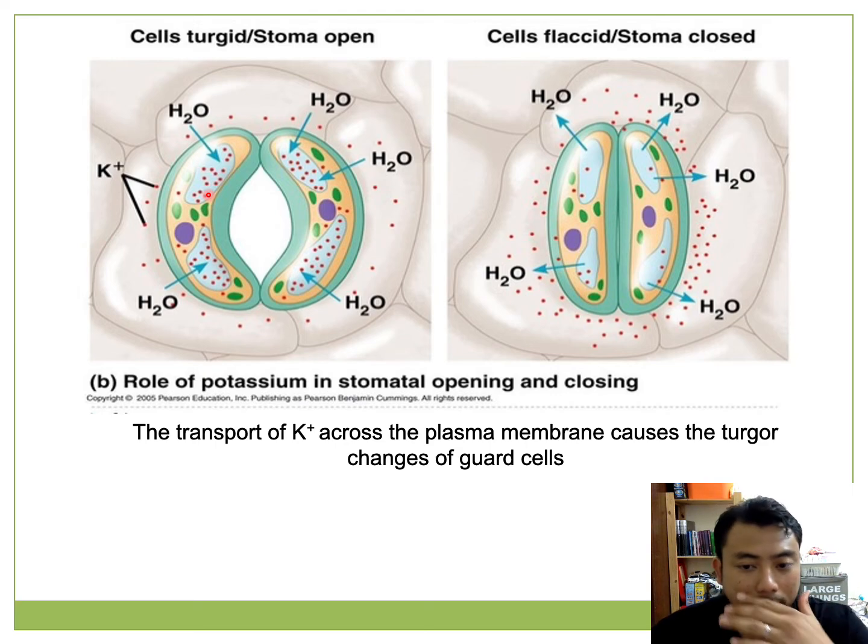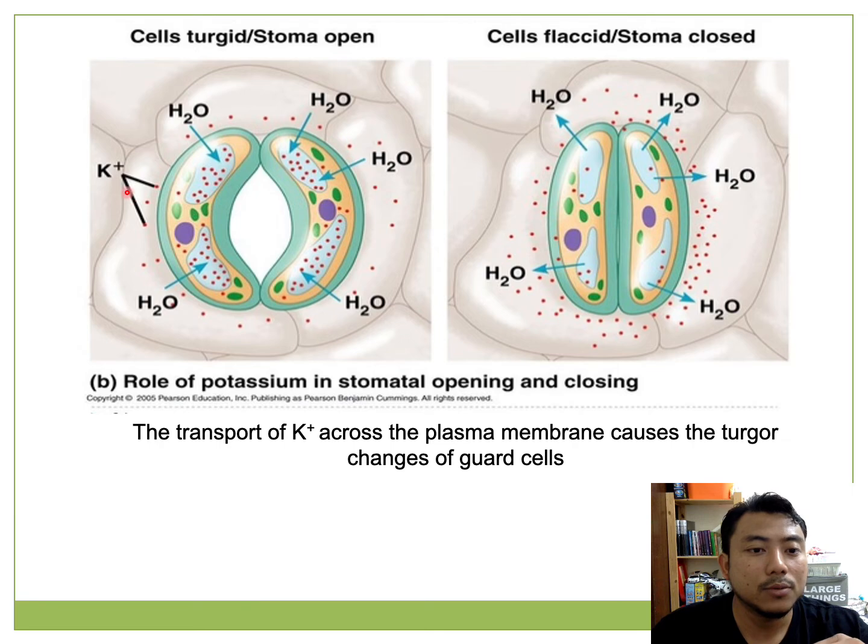Sebab konsep dia, bila potassium ion ni datang ke satu tempat, dia akan menyebabkan sel tu menjadi semakin lebih pekat. Okay, pekat tu kita cerita pasal hypotonic, isotonic tu lah. But we're going to use a different term, soon I can introduce the term.